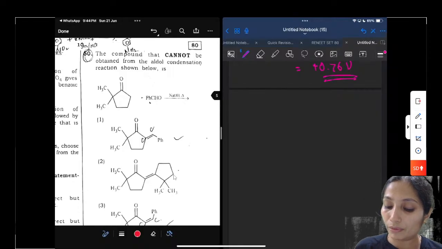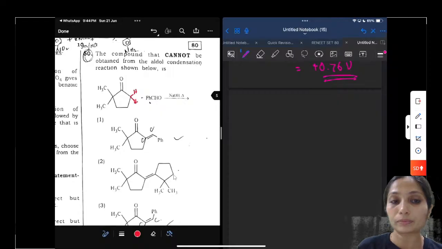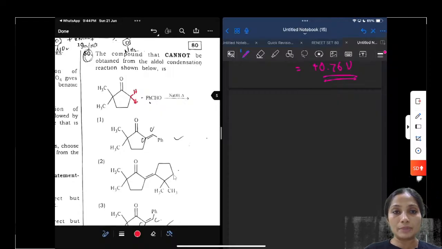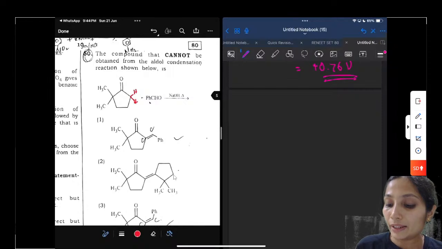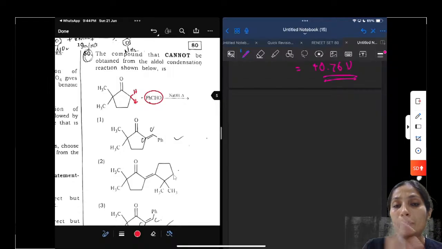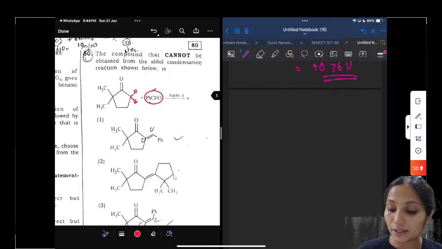Here, in case of the first compound, that is a ketone, I have two alpha hydrogen atoms present, but when I consider this one, there is no alpha hydrogen. Since there is an absence of hydrogen, it will not form an aldol product with the same compound. Remember this. So cross aldol product formation always takes place.